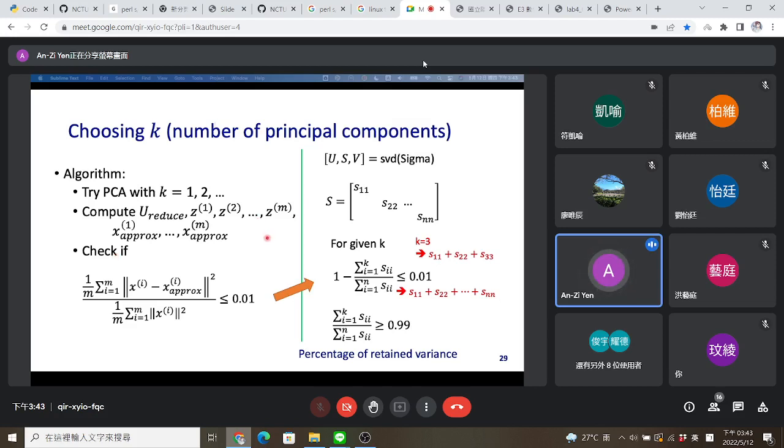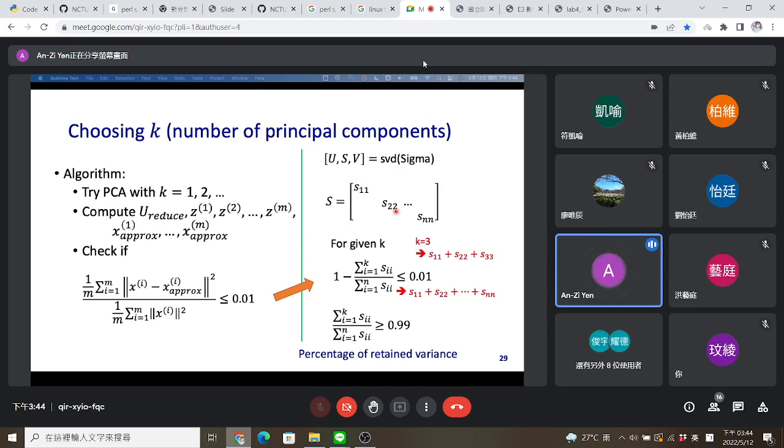For example, when we use SVD on the covariance matrix sigma to get the matrices U, S, and V, it also gives us back the matrix S. The matrix S is a square matrix, an n by n matrix, and it is diagonal.